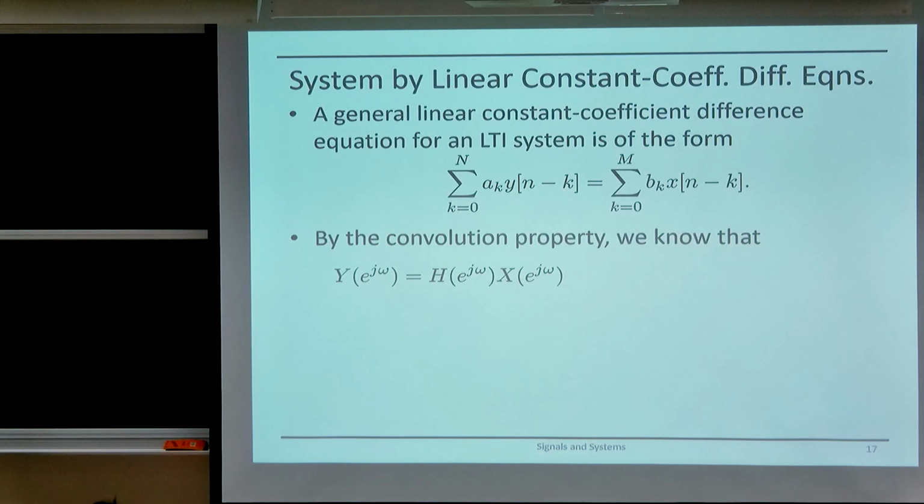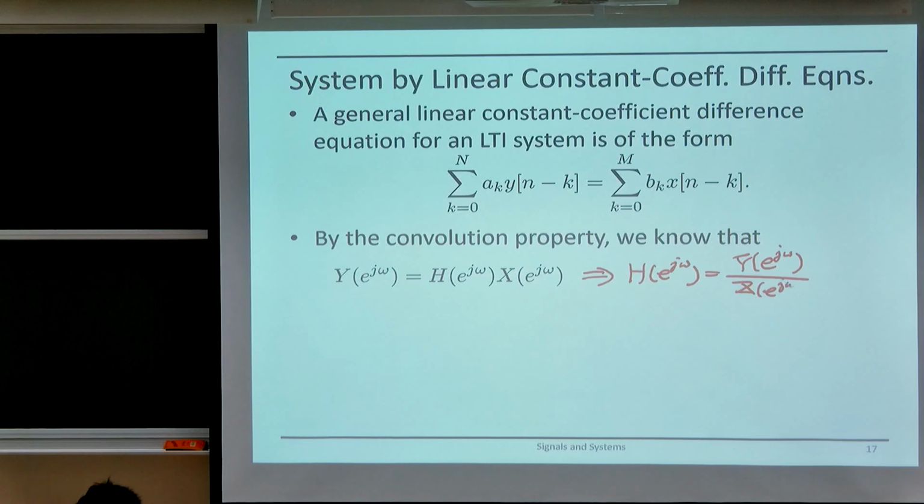By the convolution property, the output spectrum should be equal to the input spectrum times the frequency response. So if you are able to obtain such a relationship, you will be able to find the frequency response H by taking the spectrum of the output and dividing it by the spectrum of the input.